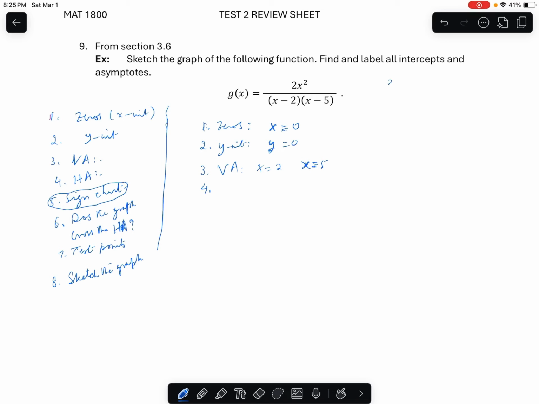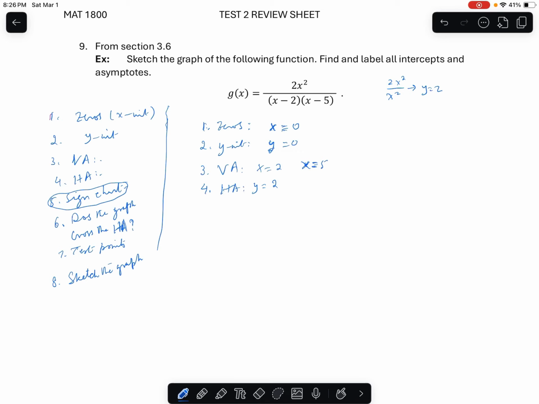The lead term of the top is 2x squared. The lead term of the bottom is 1x squared or just x squared. So that gives you y is equal to 2 as the horizontal asymptote. In other words, when the degree of the top and the bottom are the same, then the horizontal asymptote is the coefficient of the lead term in the top divided by the coefficient of the lead term at the bottom. So the HA will be y is equal to 2.